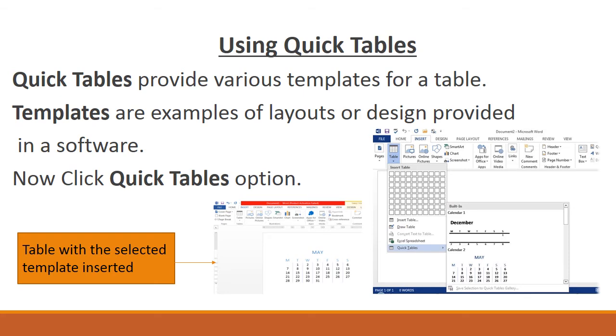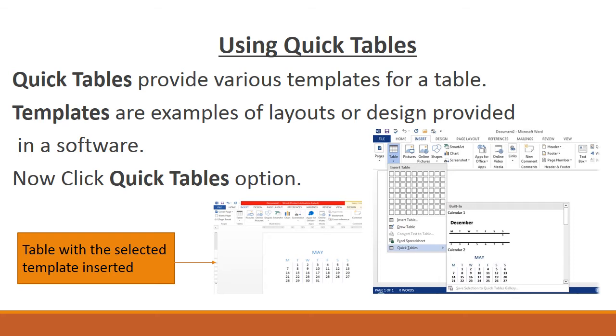Using quick tables. These are the default designs and templates that are given in our software. Quick tables provide various templates for a table. Templates are examples of layout or designs provided in a software. Again, in the Insert tab, Table group, Table option.